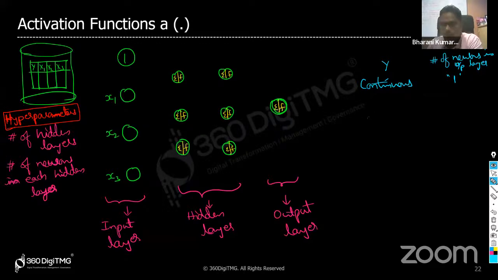If your output variable is categorical with two classes, like whether a person defaults or not, then you'll have one neuron in your output layer mostly. You can also have two, but mostly one.